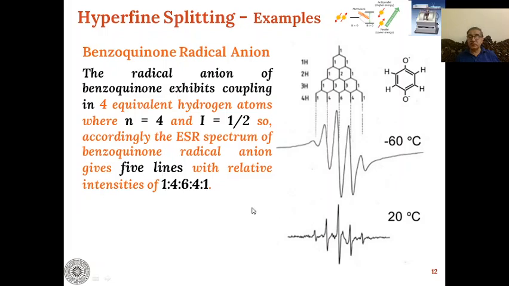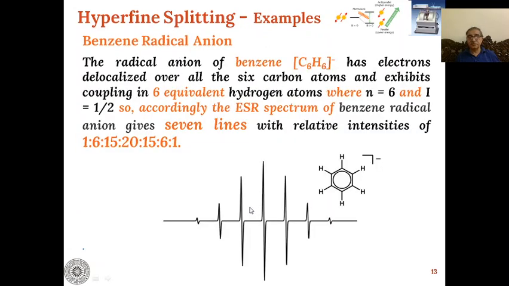Now, then is the case of methyl radical. Methyl radical, we know, is CH3, and if n equivalent nuclei of spin I interact, then the number of spectral lines formed will be 2nI plus 1, where n is the number of equivalent nuclei and I is the spin of the nuclei.